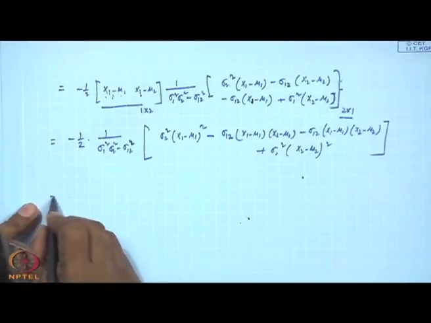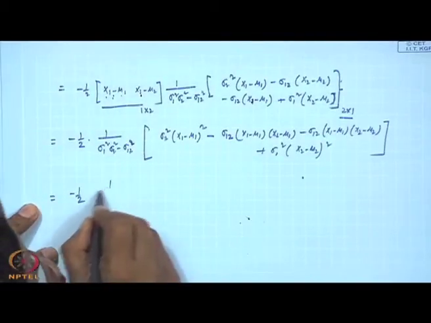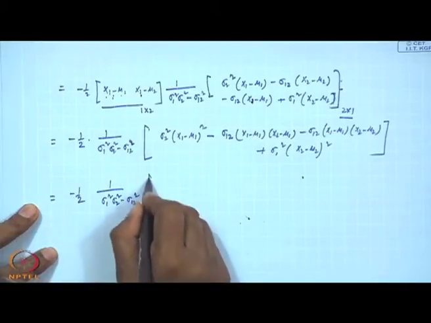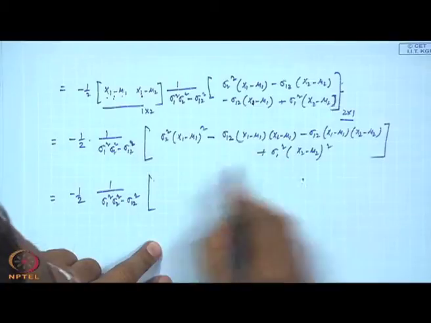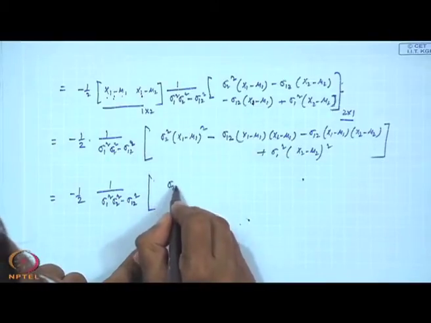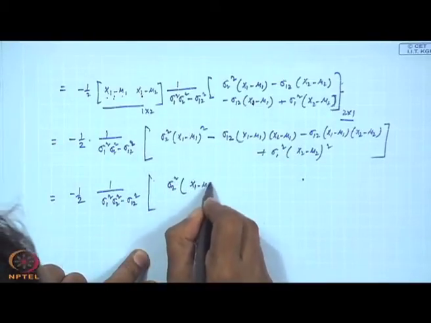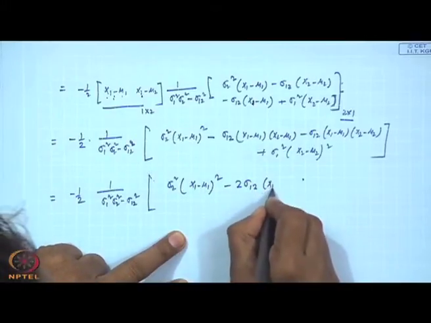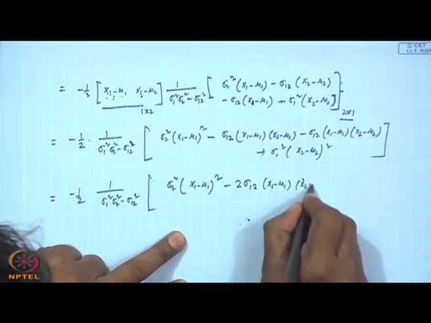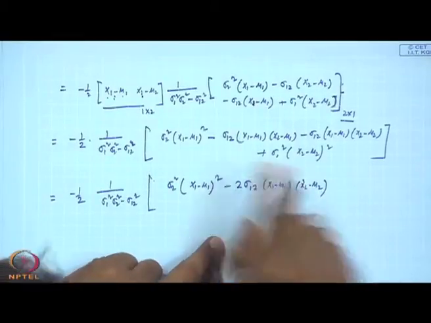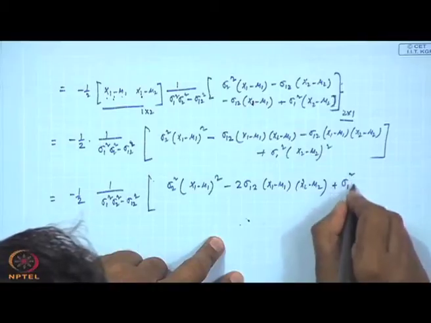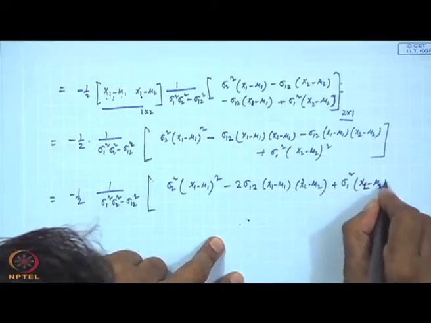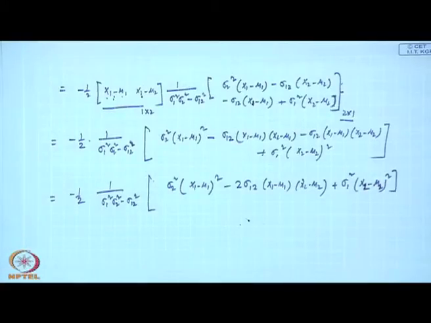If I further manipulate this, what can I write? Minus half, 1 by sigma 1 square sigma 2 square minus sigma 12 square, then sigma 2 square (x1 minus mu1) square minus 2 sigma 12 (x1 minus mu1)(x2 minus mu2) plus sigma 1 square (x2 minus mu2) square.